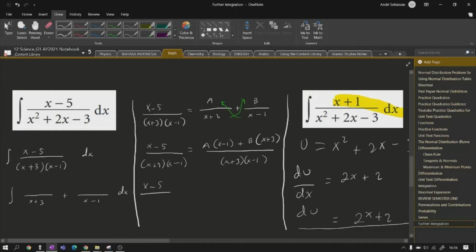Let's continue. So we get ax minus a plus bx plus 3b over x plus 3 times x minus 1.